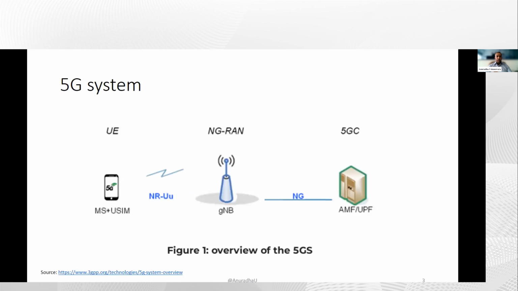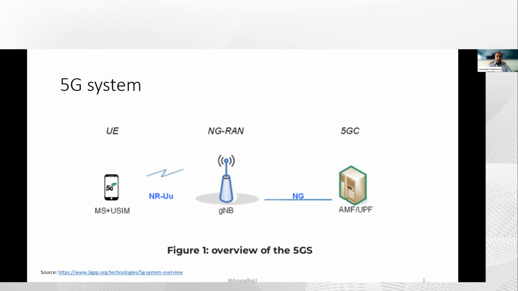If you look at the 3GPP's 5G system view, it's a very simple diagram like this. You have the UE, you have the next generation RAN, and you have the 5G core. Only three separate pieces connected over different reference points or interfaces.